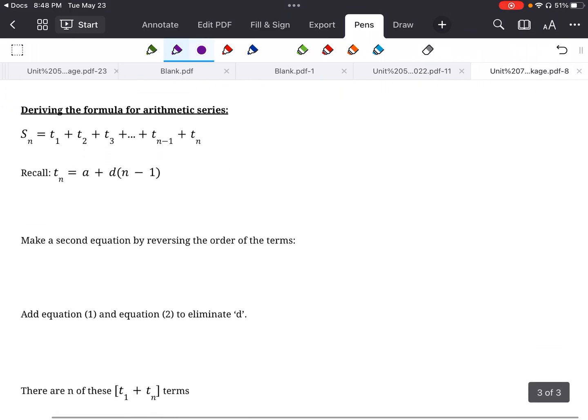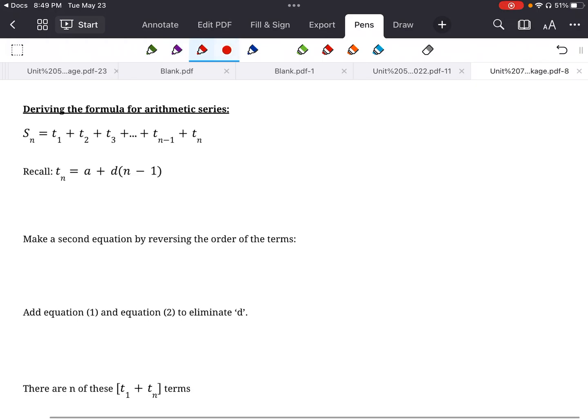Okay, just a little bit more. We're going to show deriving the formula for arithmetic series, just in case you don't know, or you want to know how we're getting to these formulas. Recall that Tn equals a plus d times n minus 1. So the difference, what we're doing from term 1 to term 2 is adding the difference.